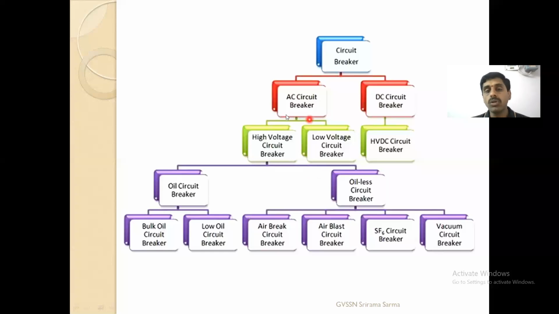So high voltage circuit breaker is divided into oil circuit breaker and oil less circuit breaker. In the oil circuit breaker, you can see bulk oil, low oil, that is minimum oil, and air brake circuit breaker.